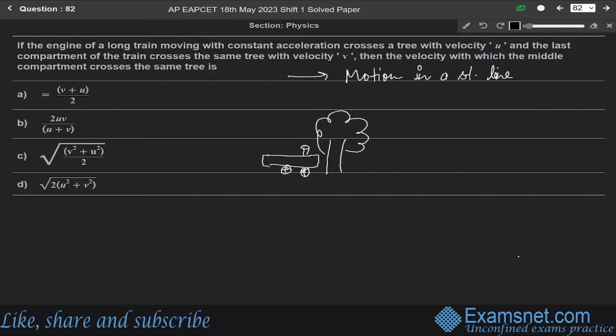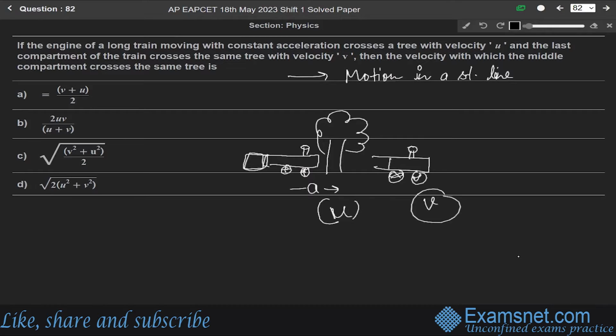Now, when this train moves with a constant acceleration, when it crosses the tree with velocity u, the last compartment of the train crosses the same tree with velocity v. Initially, it is crossing with the velocity u, and when it comes to the last compartment, it crosses this tree with the velocity of v.